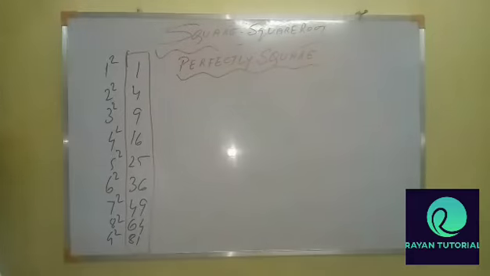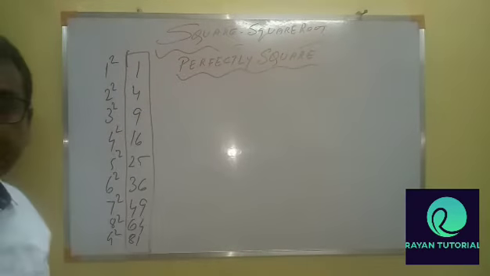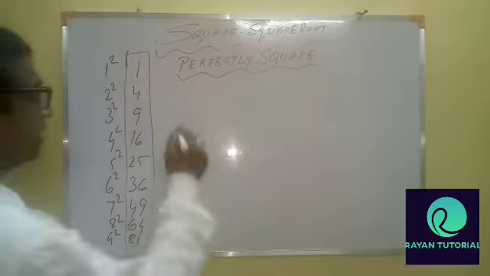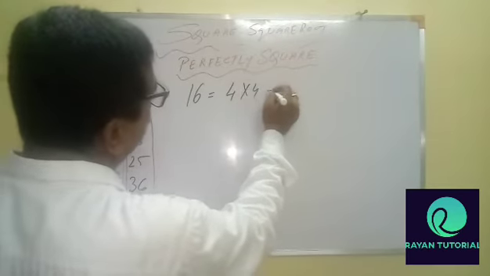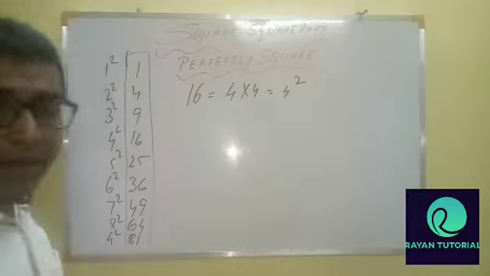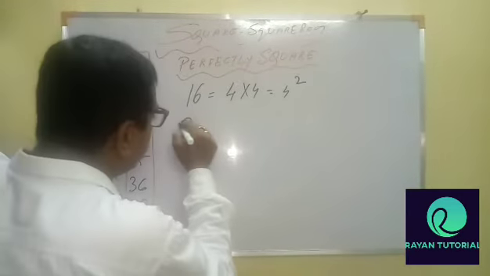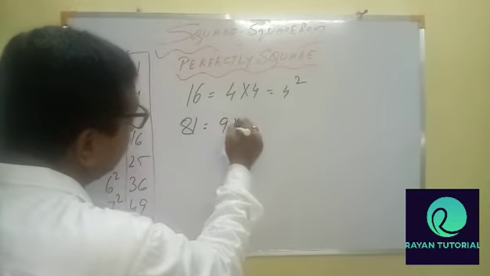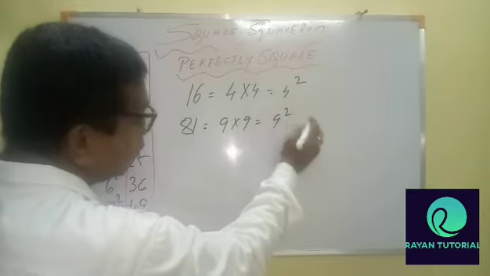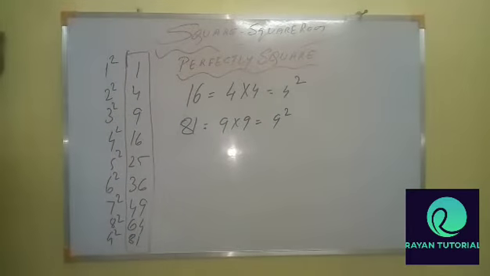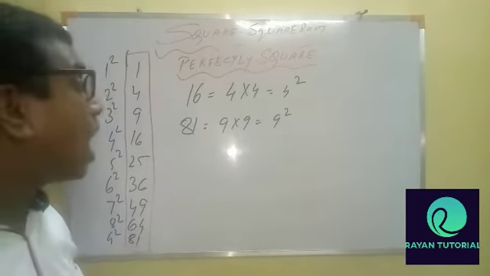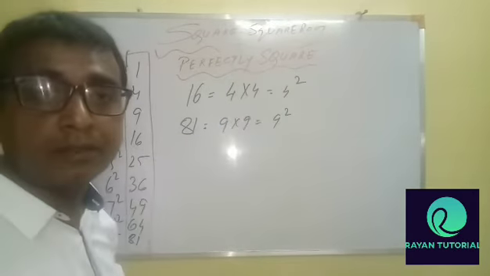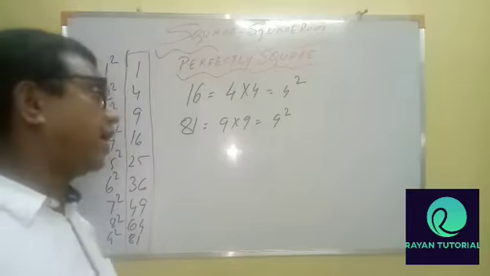Perfect squares are these numbers. Like suppose if I say 16, 16 means 4 into 4, that is 4 square. If I say 81, that is 9 into 9 is equals to 9 square. So these 16, these 81 are called perfect square or perfectly square.